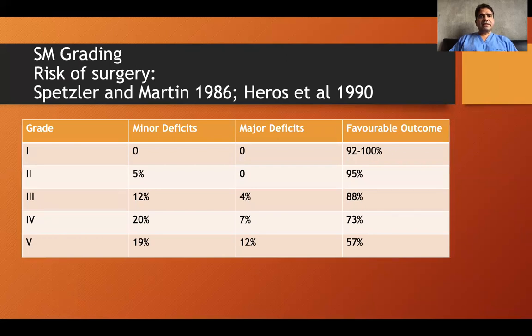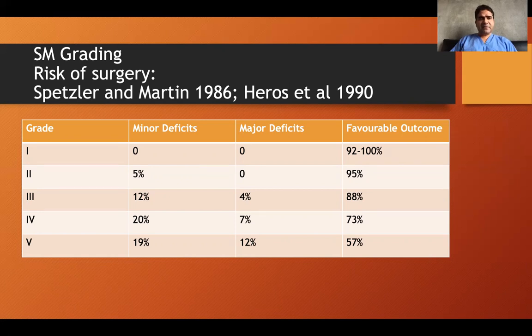And regarding risk of surgery, according to the study by Spetzler and Martin and Heros et al., they concluded that grade 1 has 0% chance of minor and major deficit, and 92 to 100% have a favorable outcome. Grade 2 has 5% minor deficits, no major deficits, and favorable outcome in 95%.